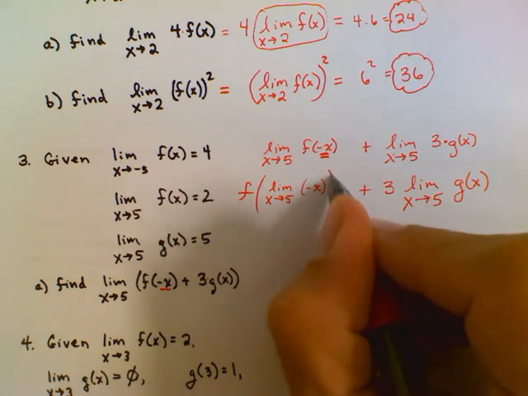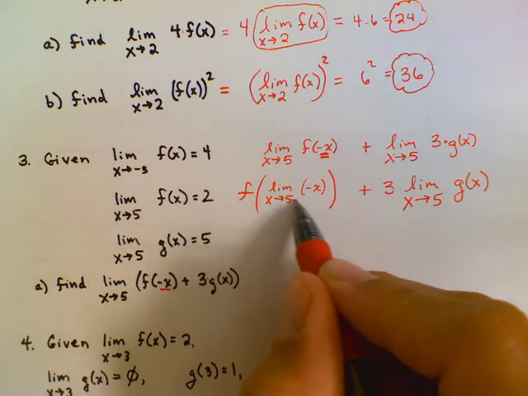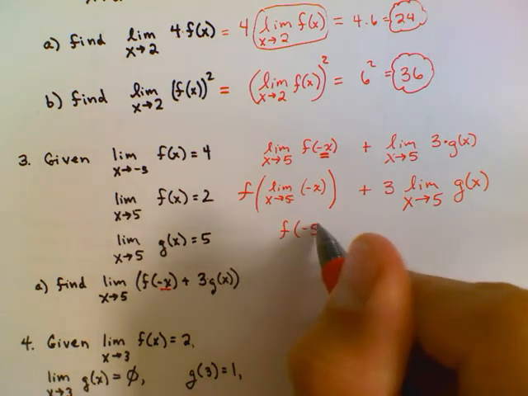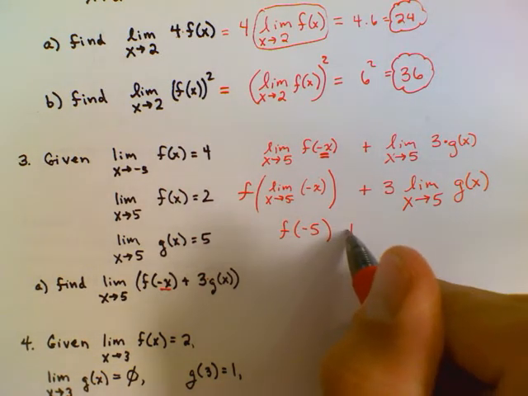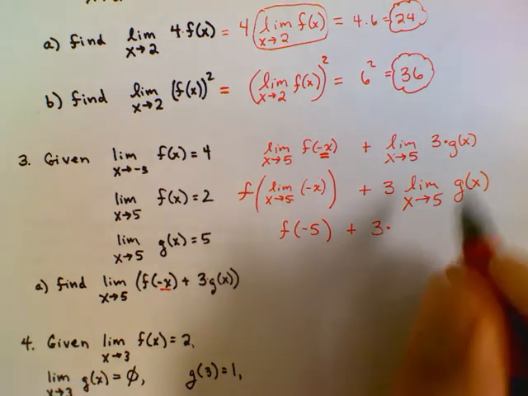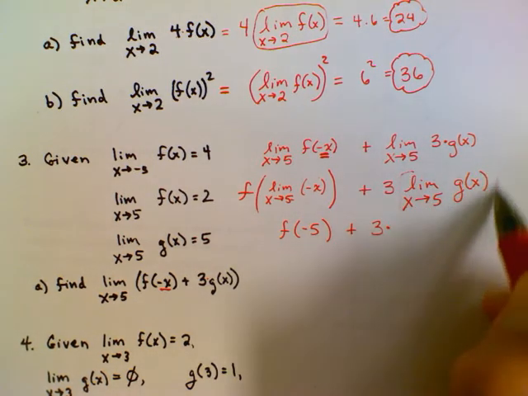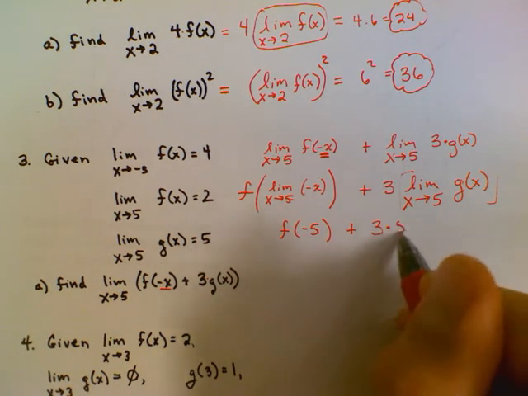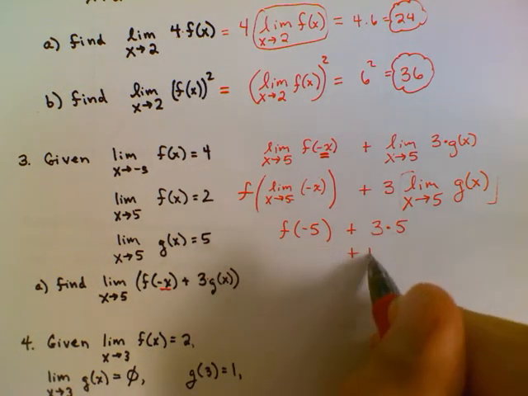All right? So when we substitute in that 5 there, I get negative 5. So basically f of negative 5 plus 3 times, now what is this limit here? Limit as x approaches 5 of g of x is 5. So that looks like 15 to me.